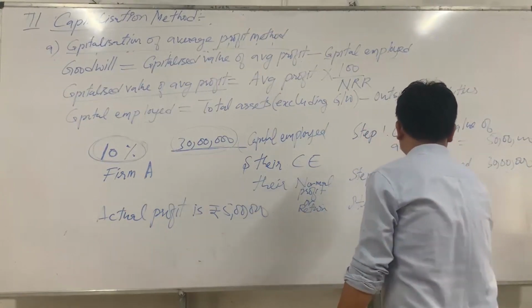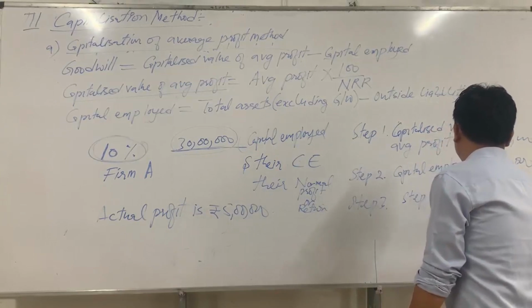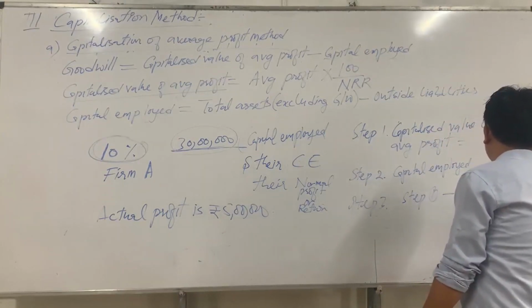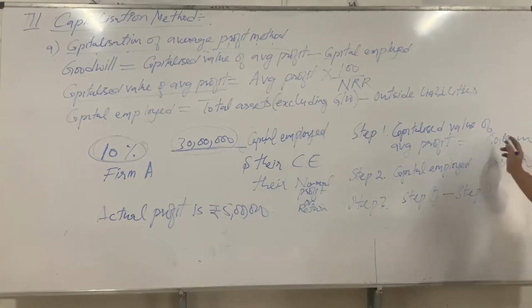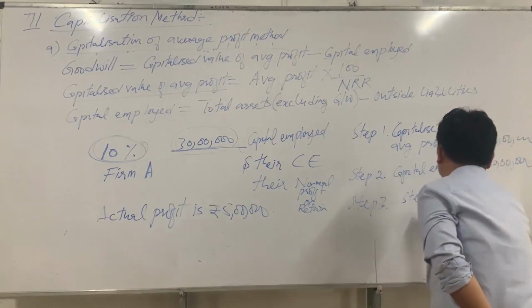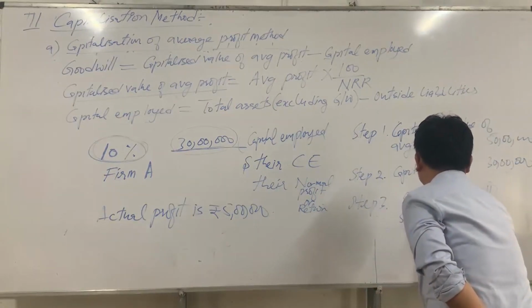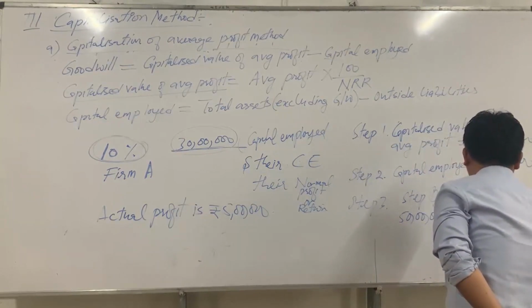Step 3. Step 1 minus step 2. If we deduct step 2 from step 1, what is the value of capitalized value of average profit? 50 lakh. 50 lakh minus 30 lakh.